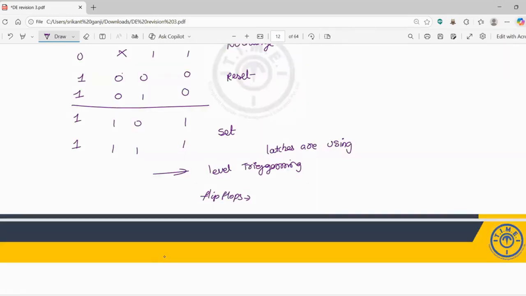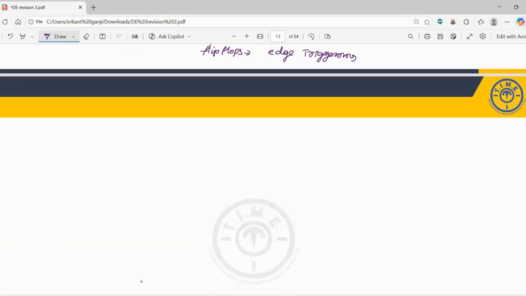Flip-flops you can use with edge triggering. If I am giving the clock pulses, these edges are called the clocks. If it is zero, this value is zero and this value is one.